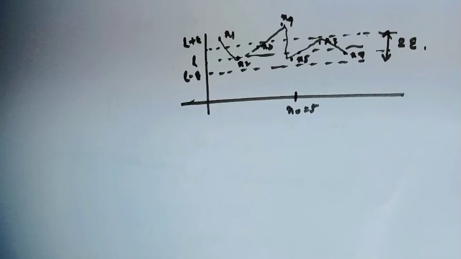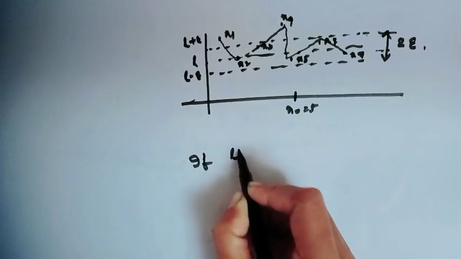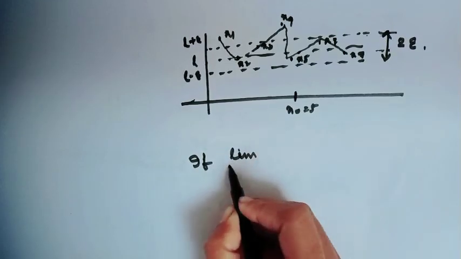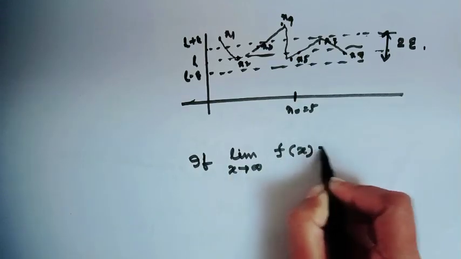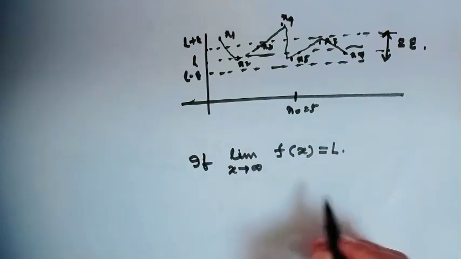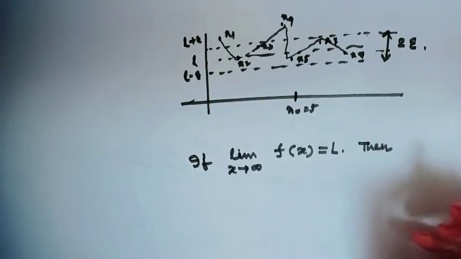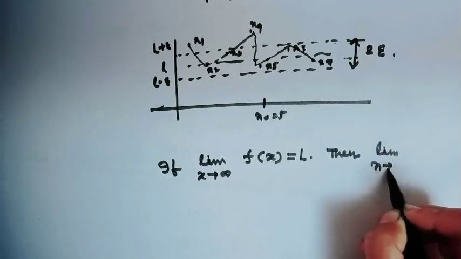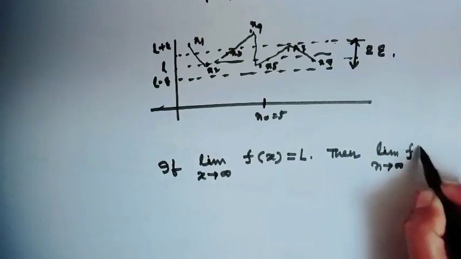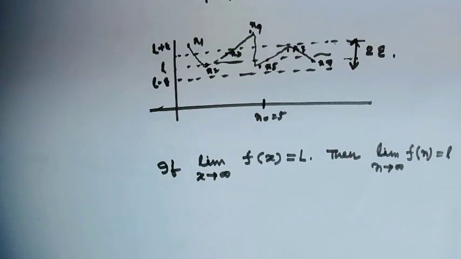Now, if a function has a limit, that means if the limit as x tends to infinity of f of x equal L, then this is always true: limit as n tends to infinity of f of n equal L. Okay.